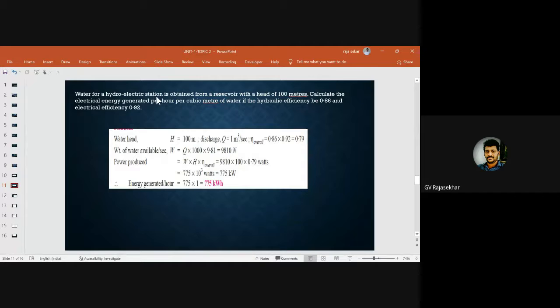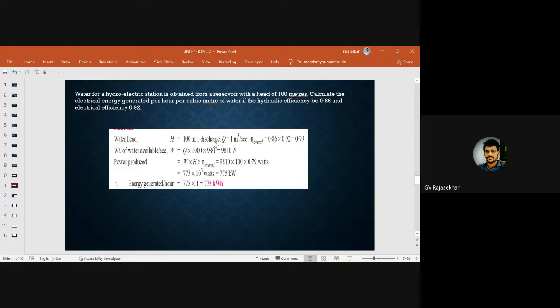Water for a hydroelectric station is obtained from a reservoir with a head of 100 meters. Calculate the electrical energy generated per hour per cubic meter of water if the hydraulic efficiency is 0.86 and electrical efficiency is 0.92. H is given as 100 meters.